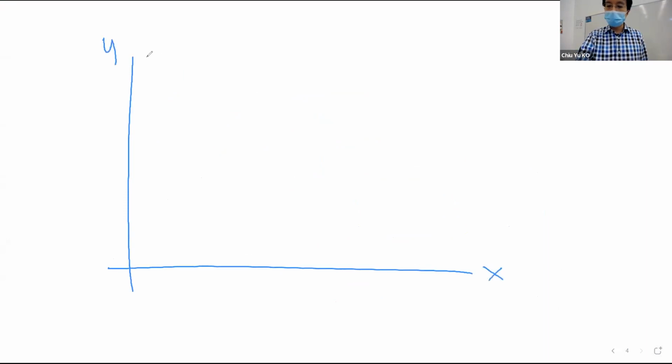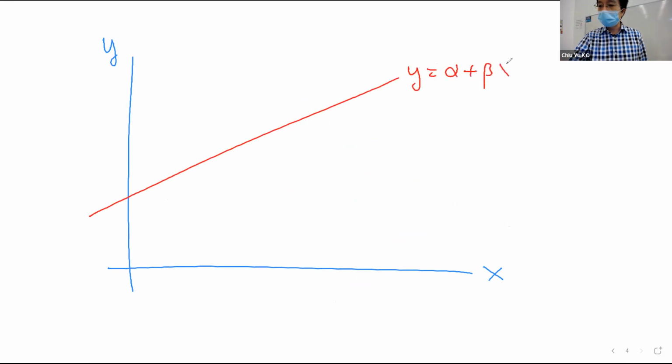So this is x and y, and this is y equals alpha plus beta x. In an ideal world, x and y are related in this way. But when you collect data, your data is polluted by an error term. Maybe the point is supposed to be here, but what you get is this one. The difference is epsilon. Suppose this is x1 and you have epsilon 1 here, so what you get is y1.